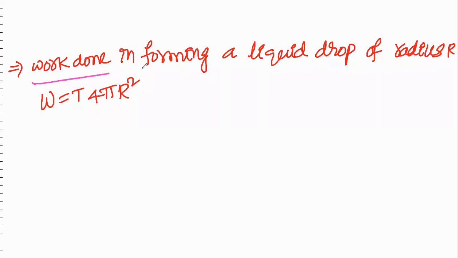Then work done in forming that liquid drop of radius capital R, when we want to form it, the work done is taken as T into 4 pi R square. Then a liquid drop of radius capital R is there.